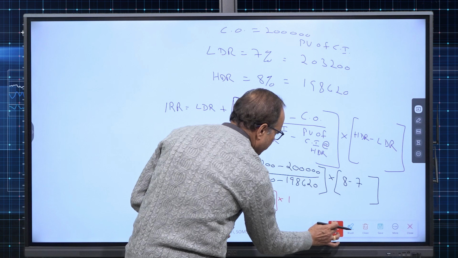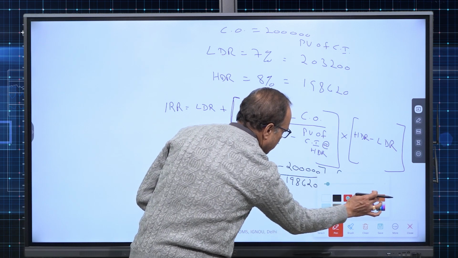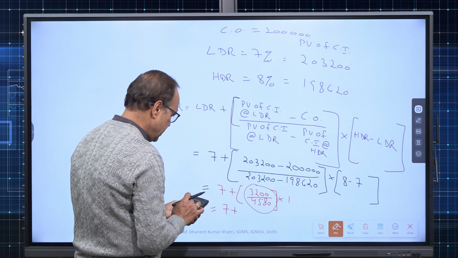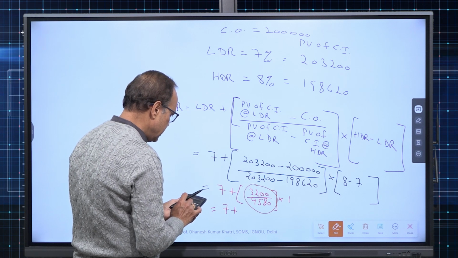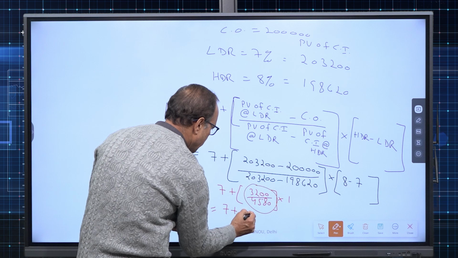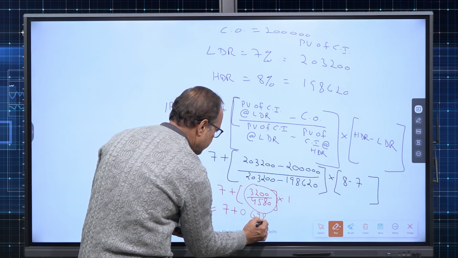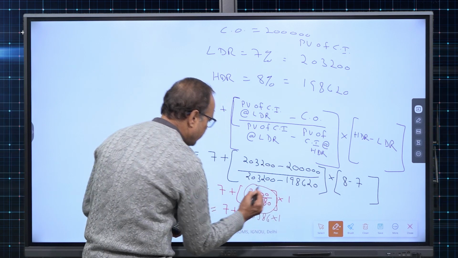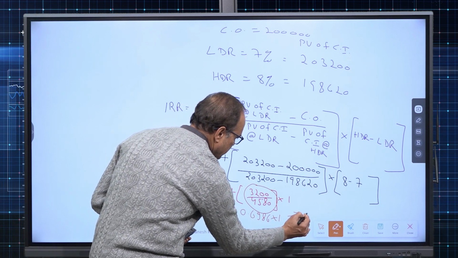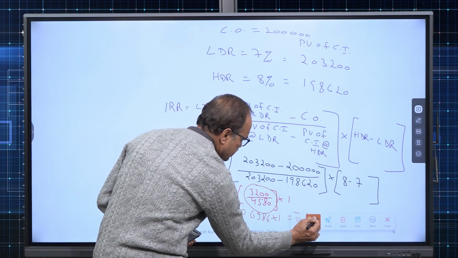So, take the answer for this first. It will be 3200 divided by 4580. So, that is 0.6986 multiplied with 1. So, finally, we get an answer 7.6986%.